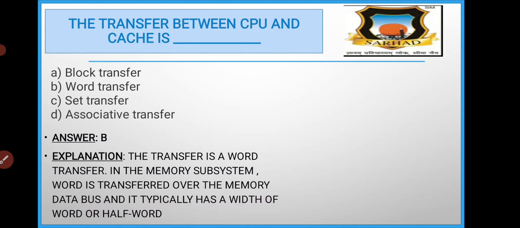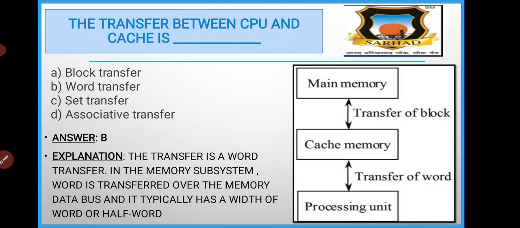That's why the transfer between CPU and cache is word transfer. So option B is correct. This image helps in understanding the concept that the transfer between CPU and cache is word transfer.